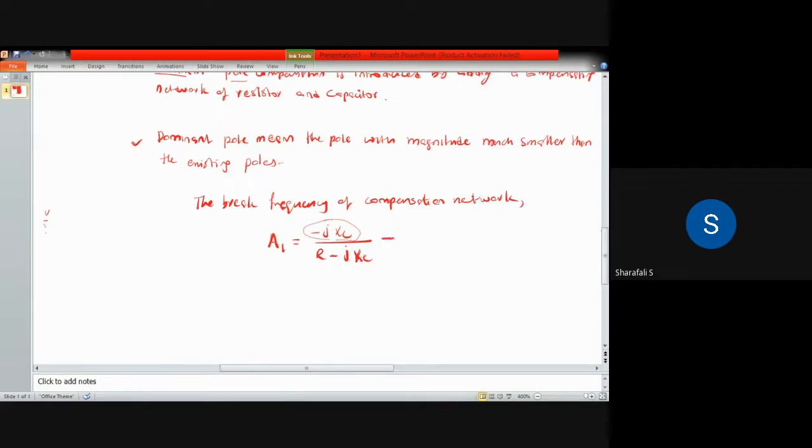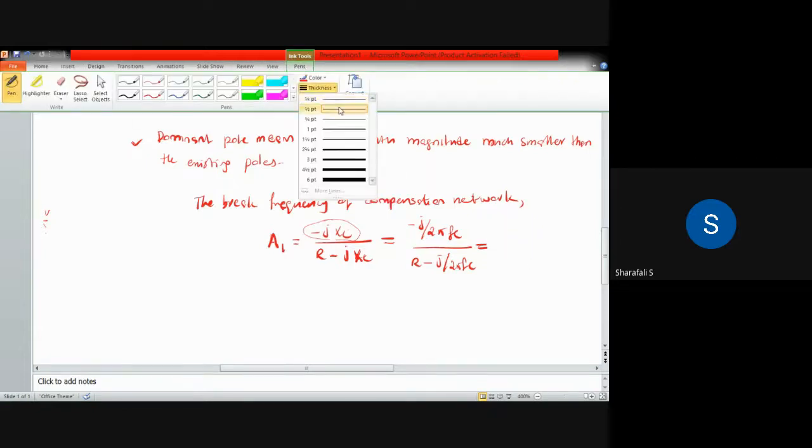And this can again be written with Xc equal to 1 by 2 pi f c.